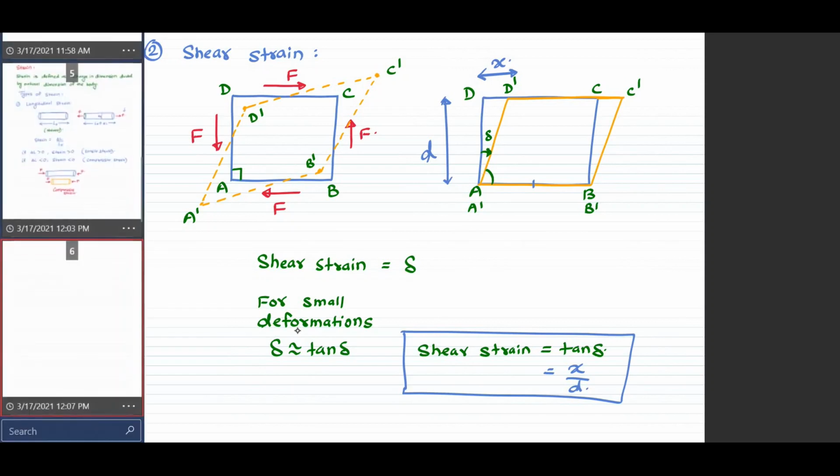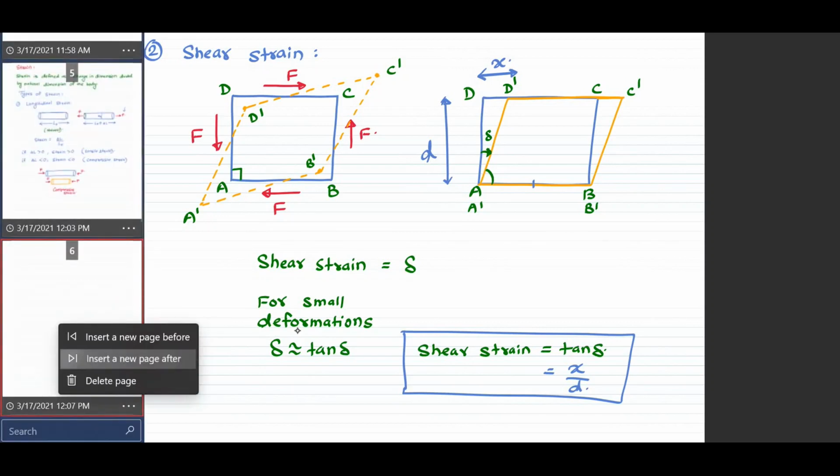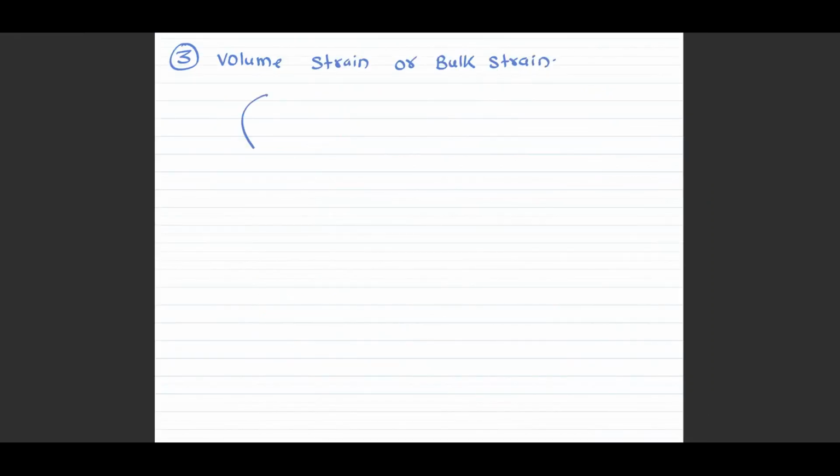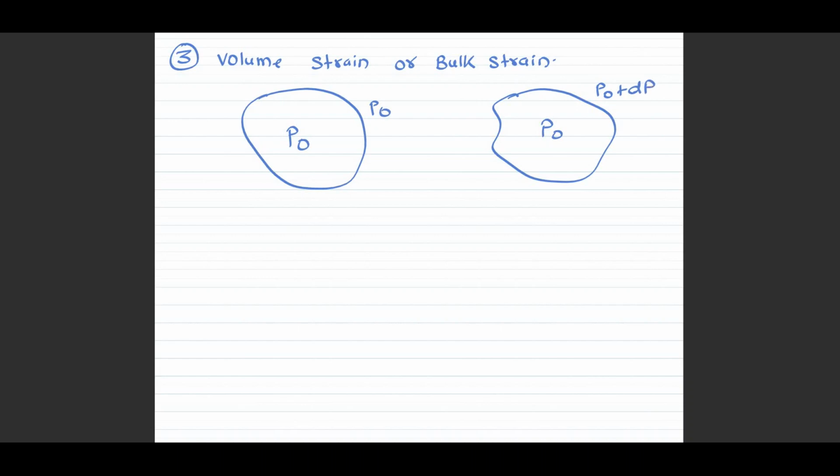Next, we'll talk about volume strain. Now, when the body is there and when the outside pressure say becomes P0 plus dP, right? When it becomes P0 plus dP, can I say the whole body will contract and there will be a change in volume, right?